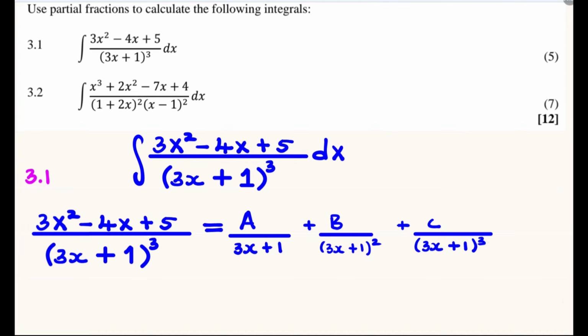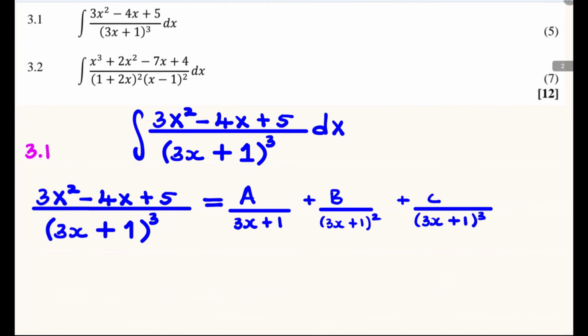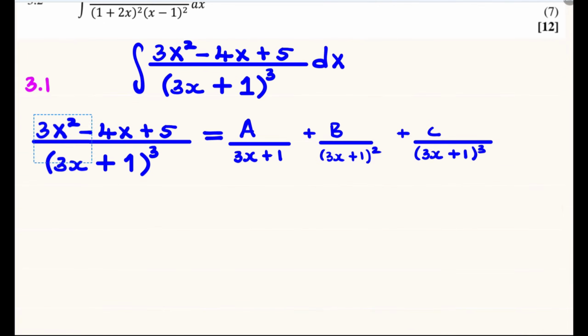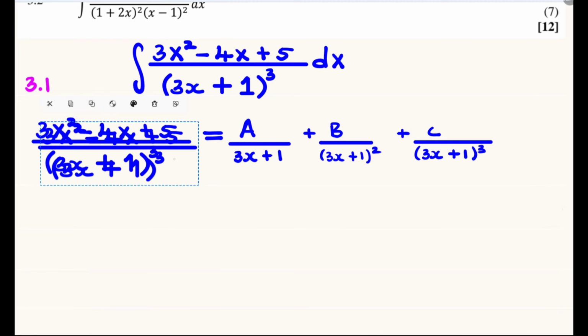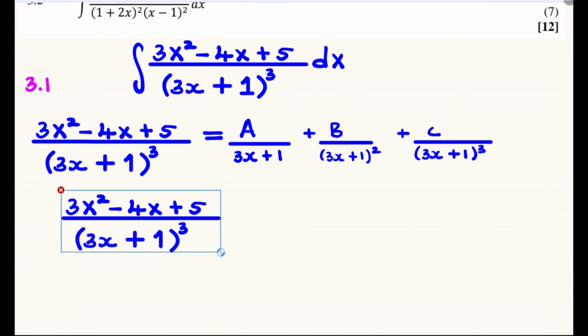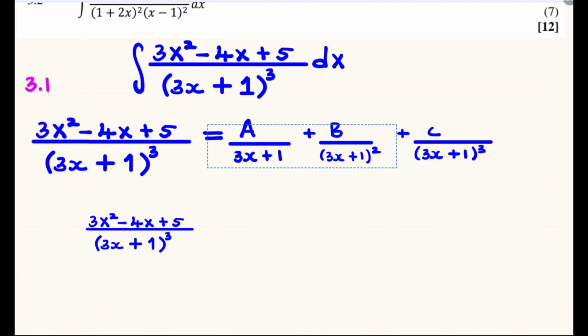Since the 3x plus 1 is raised to the power 3, this is where we will stop with the decomposition and determine the numerical value of A, B, and C.